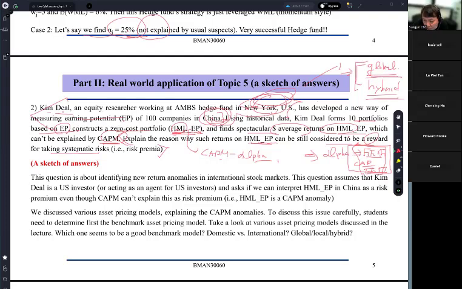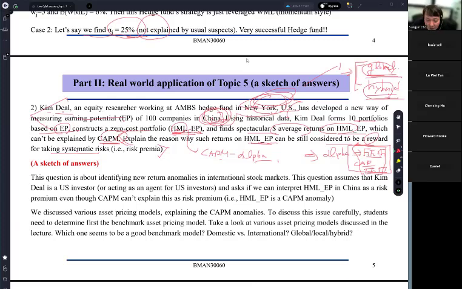Now, which model is the right one? You have to explain why. So let's say you think China is fully integrated with the US market, then you're going to say a global factor model should be used. If you think China is partially integrated with the US, then you have to use a hybrid model as your benchmark, right? Do you know what I'm trying to say here?